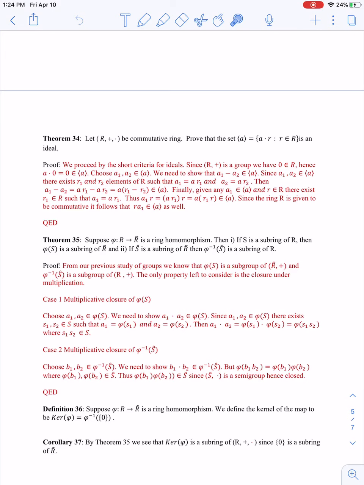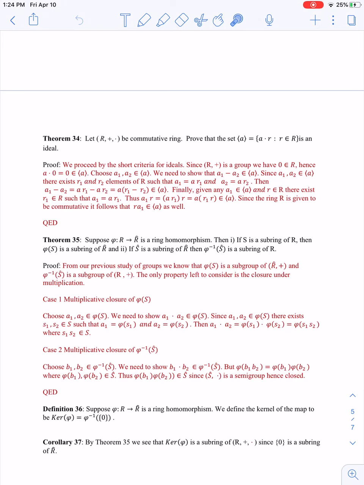So how does the argument go? Well, from our previous study of groups, we already know that phi of S is a subgroup of R hat plus, and phi inverse of S hat is a subgroup of R plus.